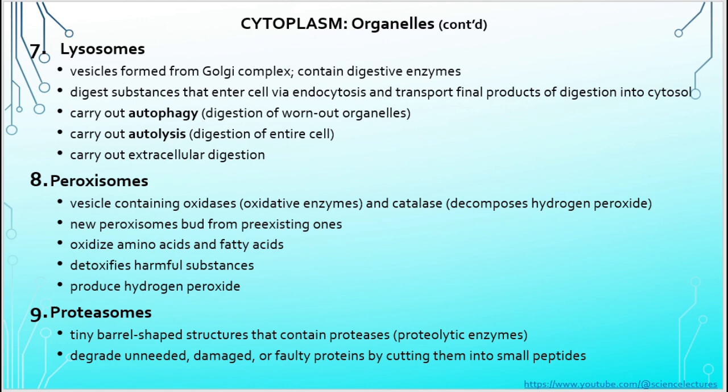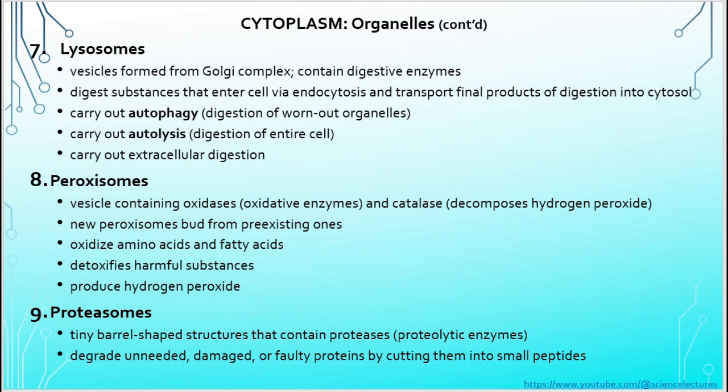Now we know that lysosomes degrade proteins delivered to them in vesicles. Cytosolic proteins also require disposal at certain times in the life of a cell. This continuous destruction of unneeded, damaged, or faulty proteins is the function of tiny barrel-shaped structures called proteasomes. A typical body cell contains many thousands of proteasomes in both the cytosol and the nucleus.